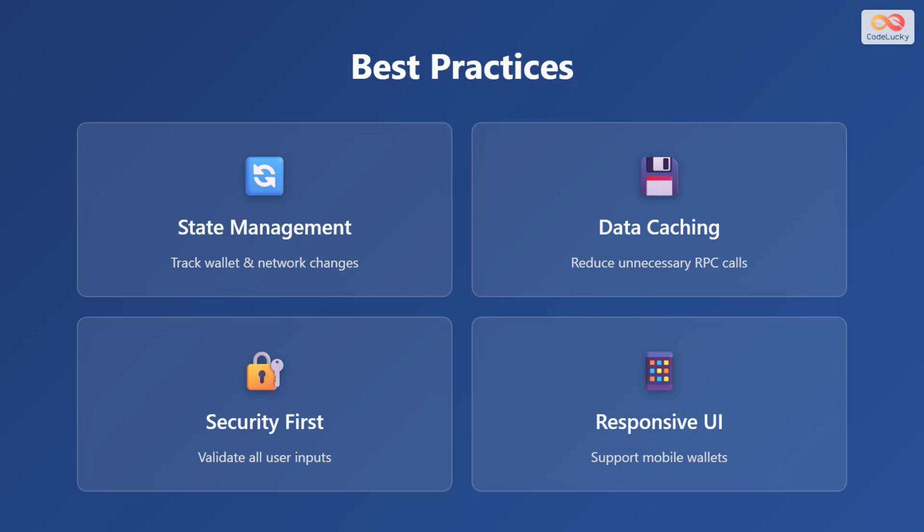Blockchain data doesn't change instantaneously, so caching recent reads improves performance and reduces costs. Third, prioritize security by validating all user inputs before sending them to smart contracts. Never trust data from the client side. Finally, build a responsive UI that supports mobile wallets and different screen sizes. Many users access DApps from their phones, so mobile compatibility is no longer optional.